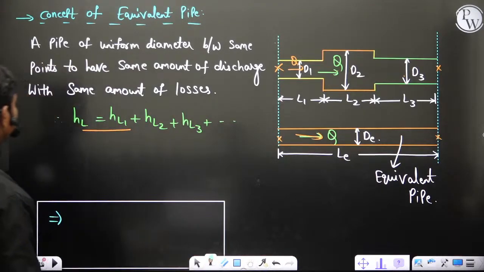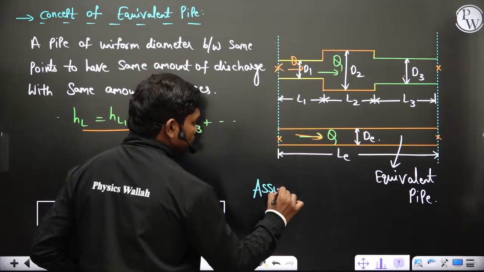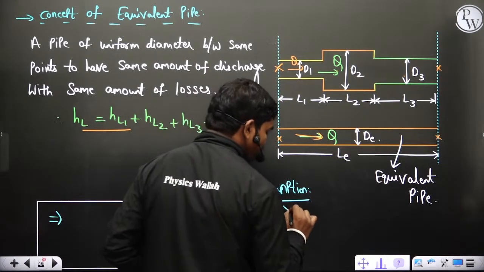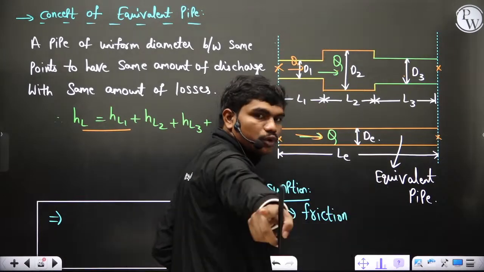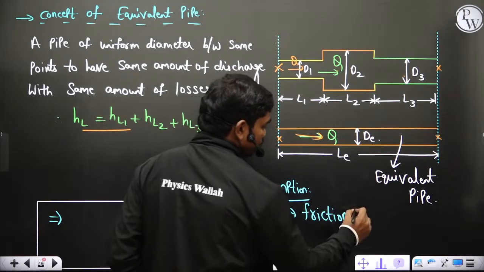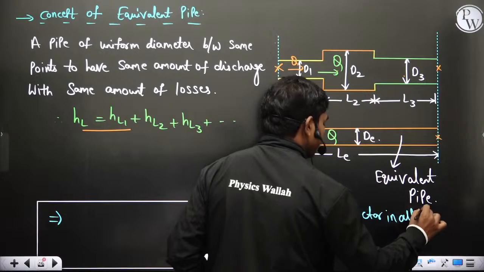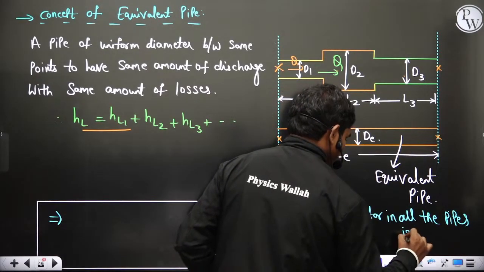Okay, fine. If I write in terms of friction factors, then you have to go for an assumption. You have to go for one more assumption, that friction factor is same in all the pipes. If you make this assumption, then I can do that. Otherwise, I cannot do that. So friction factor in all the pipes is same.